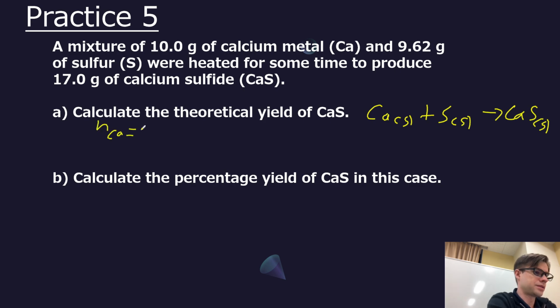We have a mass, so mass over molar mass. Just choose the right ones. We've got 10 grams. Calcium on the periodic table, 40.08 gram per mole. So that comes out to 0.25 moles.